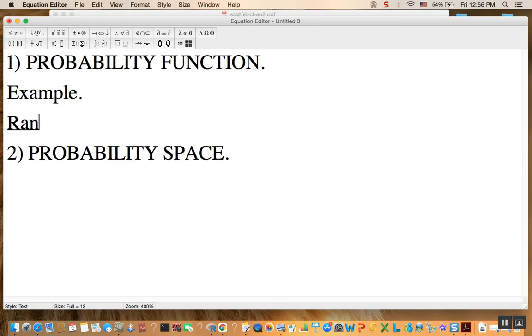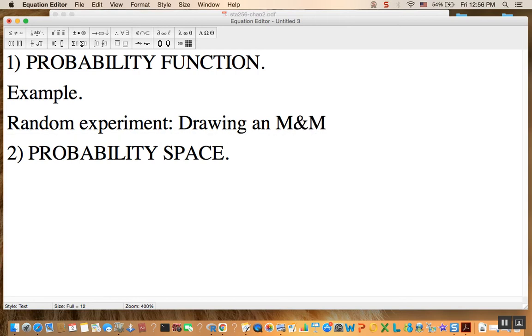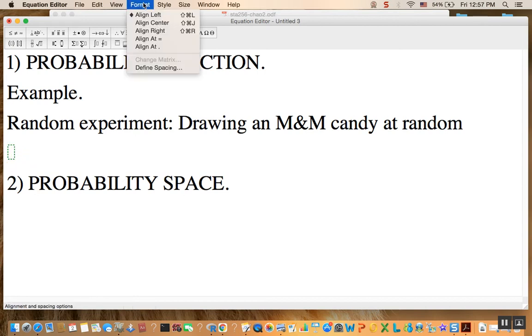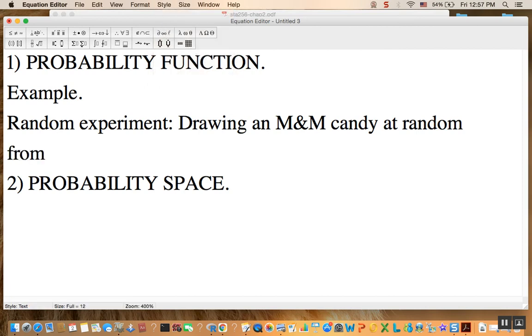Random experiment: drawing an M&M candy at random from a bag of candies.